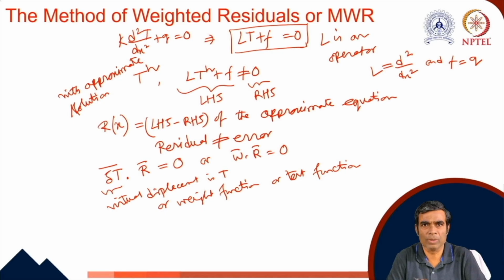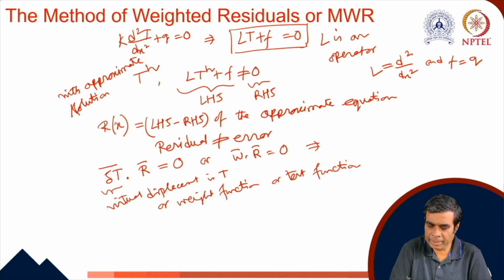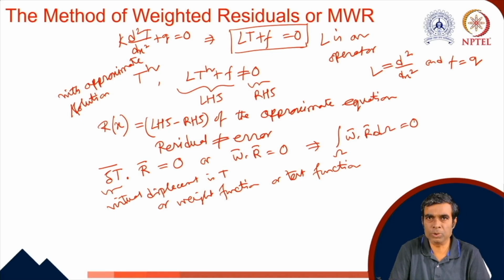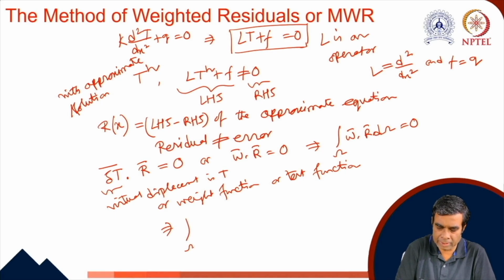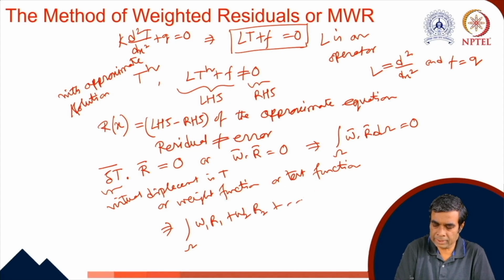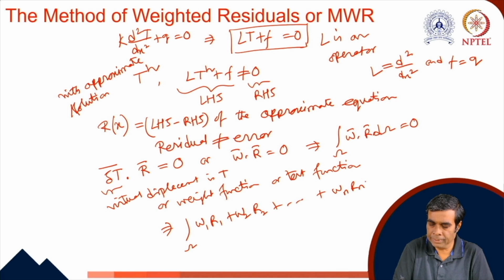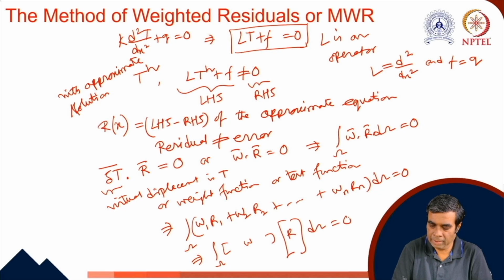Now when we operate this expression for the entire domain, it can be written as integration over omega of w bar dot R bar d omega equals 0, or we can write it as integration over omega of w1 R1 plus w2 R2 plus up to wn Rn d omega equals 0, or we can even write it as integration over omega of vector w and residual vector d omega equals 0.